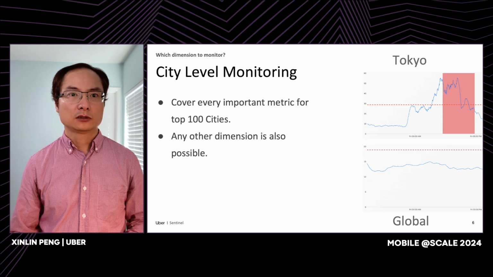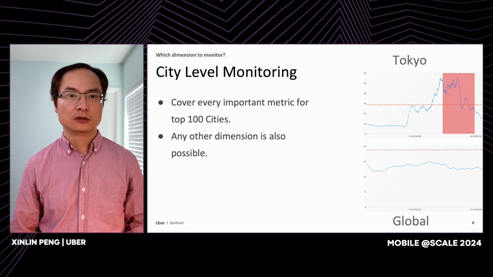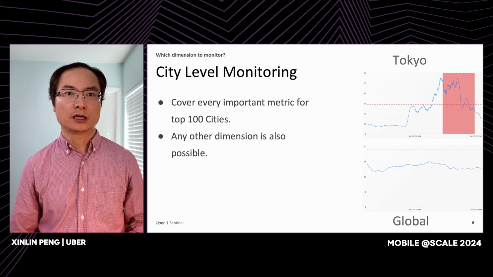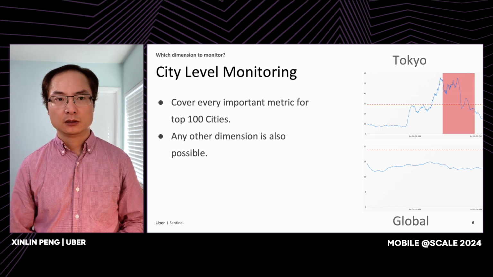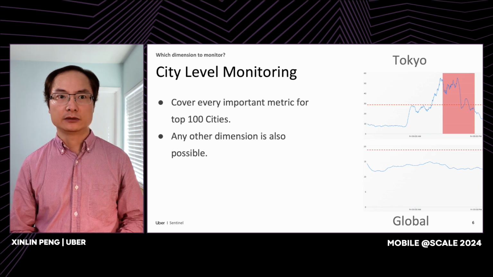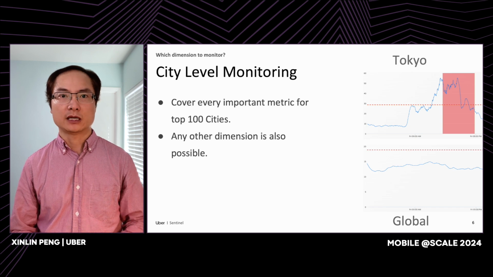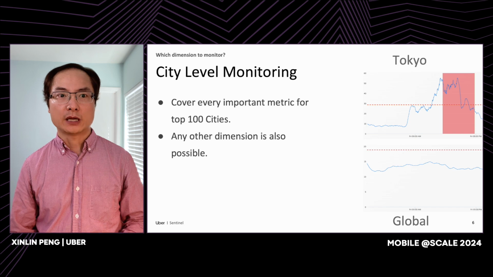There are quite a lot of important dimensions which can be used for monitoring. On the system level, you can have the city level, you can have the application version. On the business side, you can have different products, UberX, and other products.